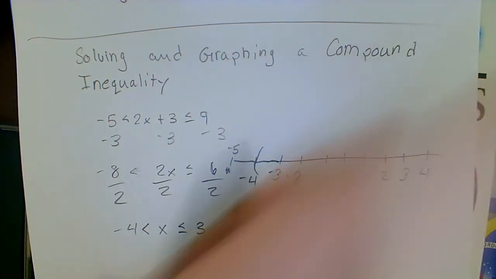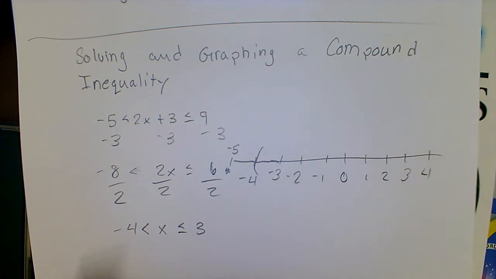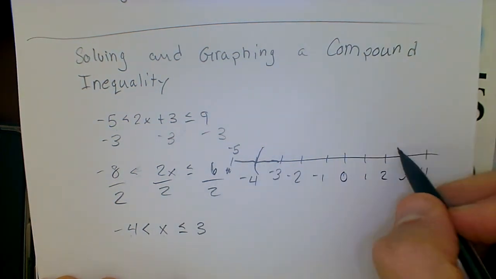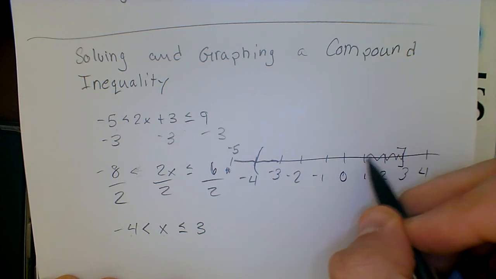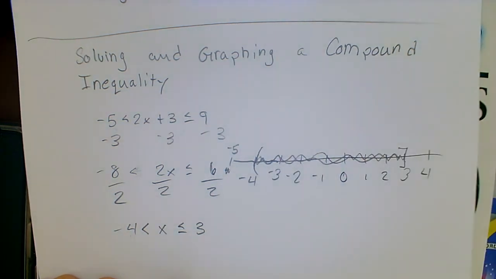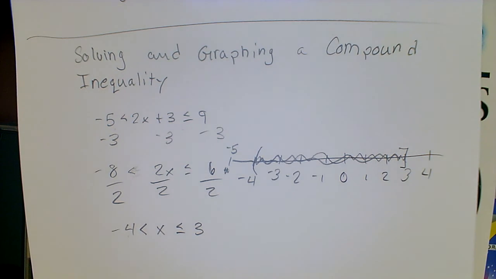So we find negative 4, and this is saying that x is greater than negative 4, or negative 4 is less than x. So we shade everything to the right, and then we find 3, and shade everything in between.